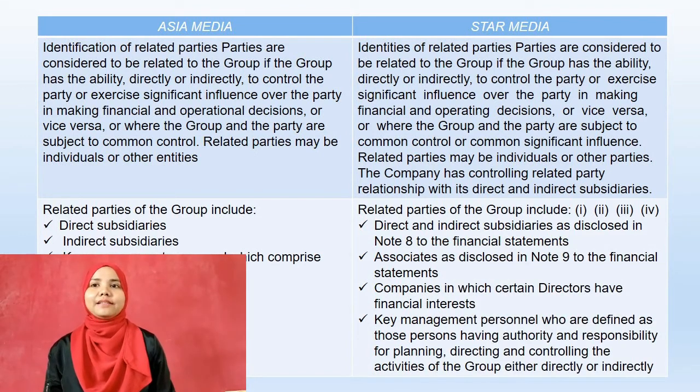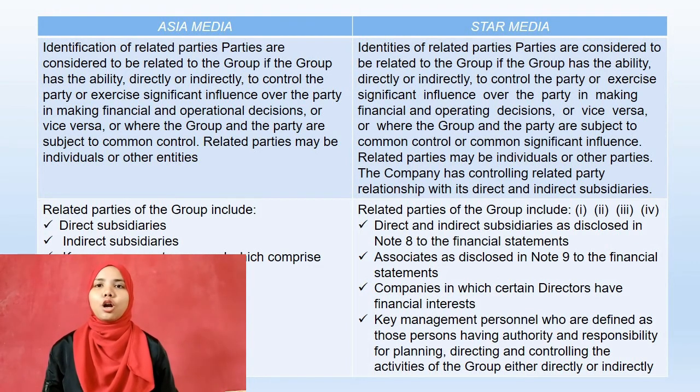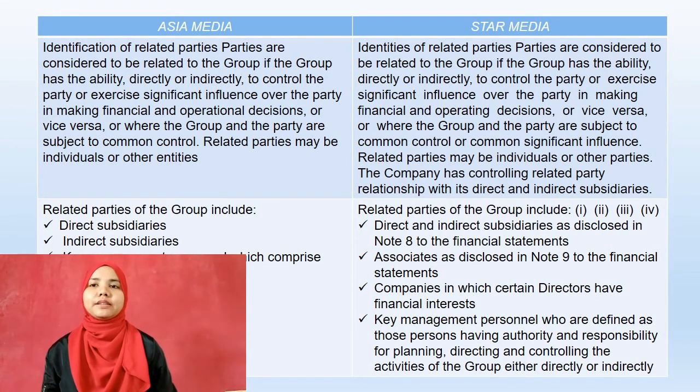Star Media identifies related parties as those considered to be related to the group if the group has the ability directly or indirectly to control the party or exercise significant influence over the party in making financial and operating decisions, or vice versa, or where the group and the party are subject to common control or common significant influence. A related party may be an individual or another party.